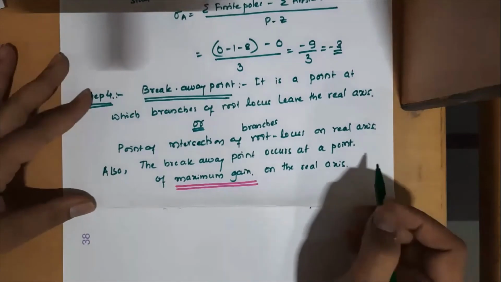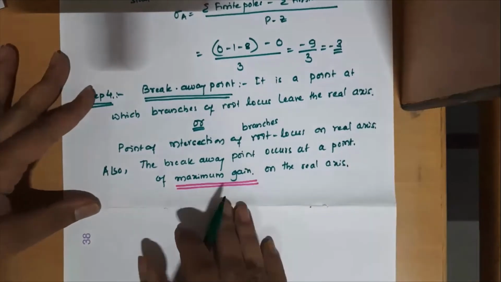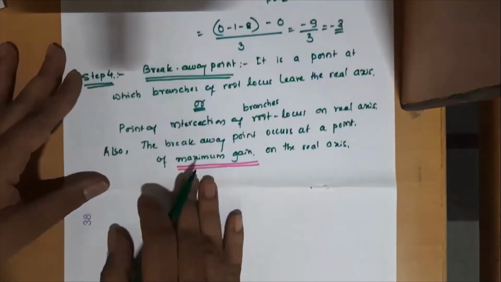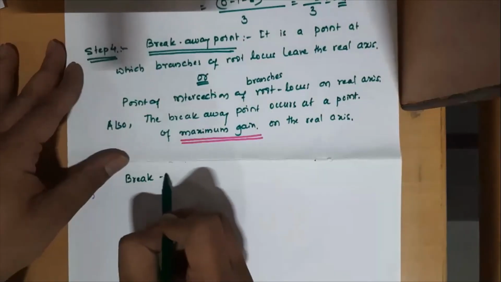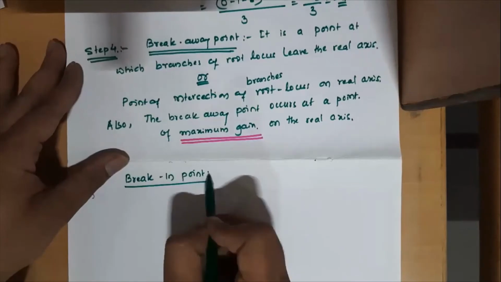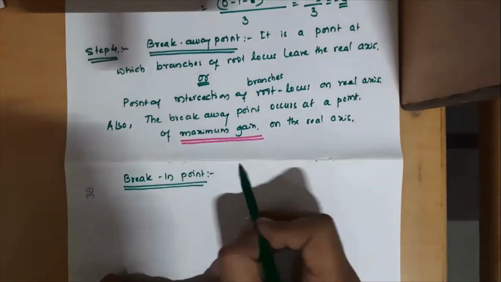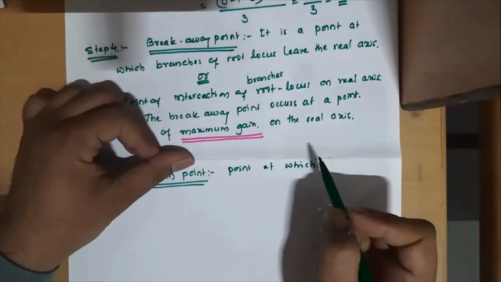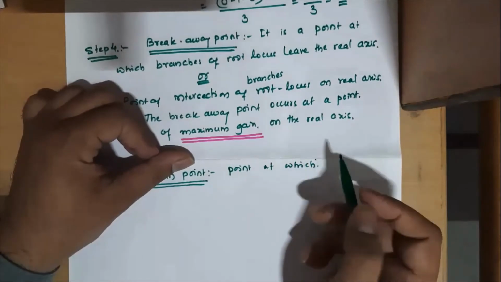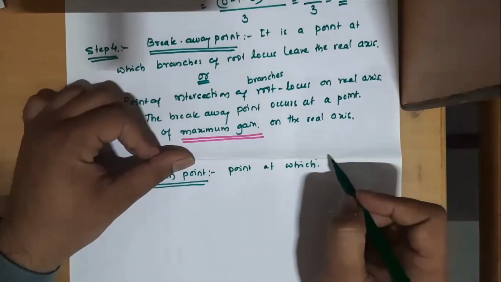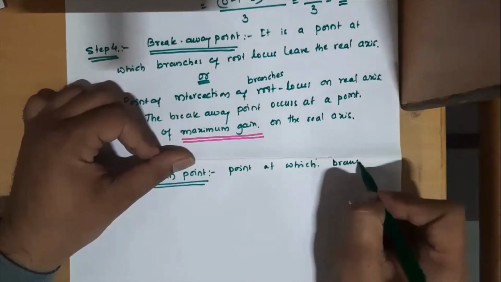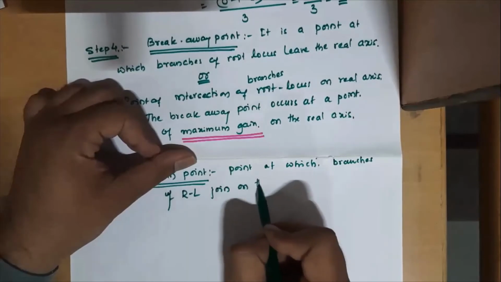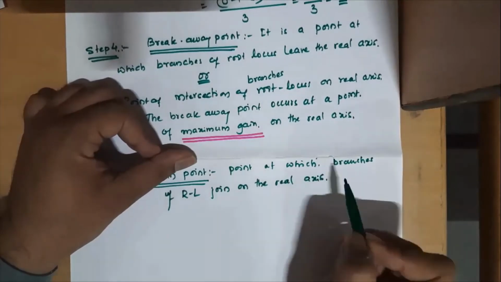Then there is another terminology, the break-in point. This is defined as a point at which the branches of the root locus join on the real axis.